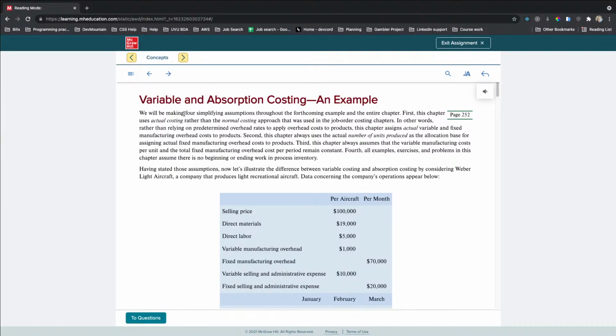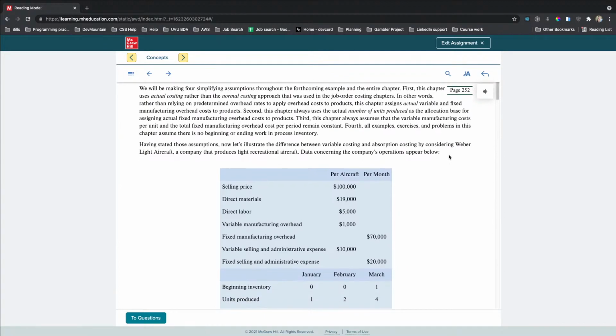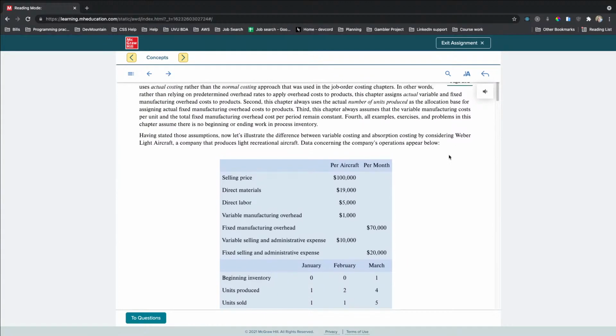Variable and absorption costing. An example. We will be making four simplifying assumptions throughout the forthcoming example entire chapter. First, this chapter uses actual costing rather than the normal costing approach that was used in the job order costing chapters.